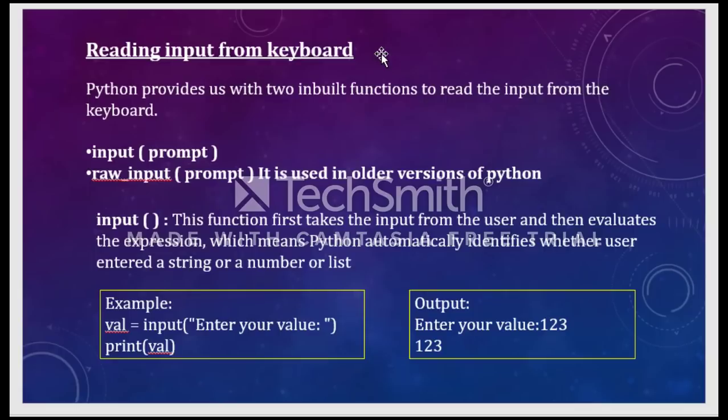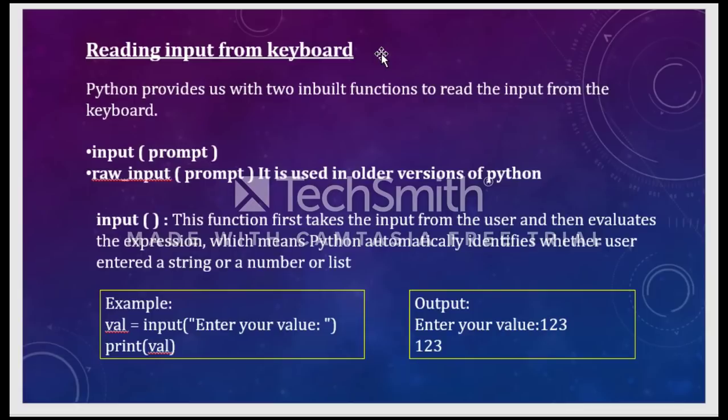But as I mentioned, the raw underscore input method is from old versions of Python, that is 2.x, but nowadays we are using Python 3, the latest versions, 3.1 to 3.8. Now the current latest version is 3.8, as I told in the last class. So let's see how this input method can be used to get the value from the keyboard.